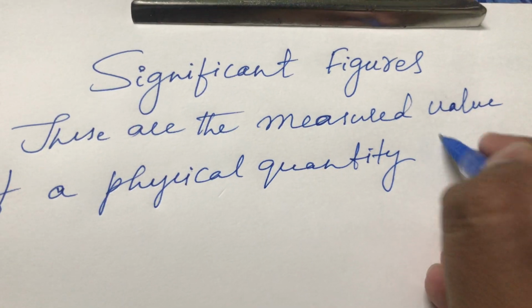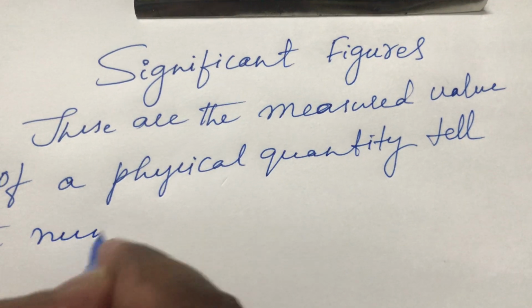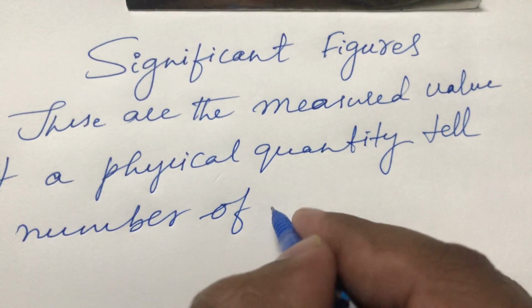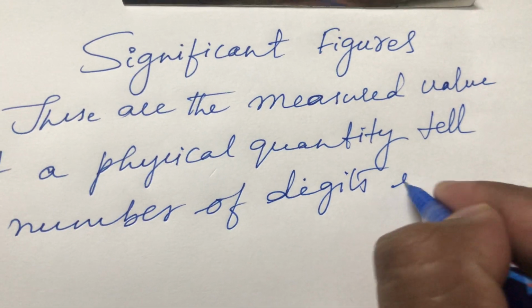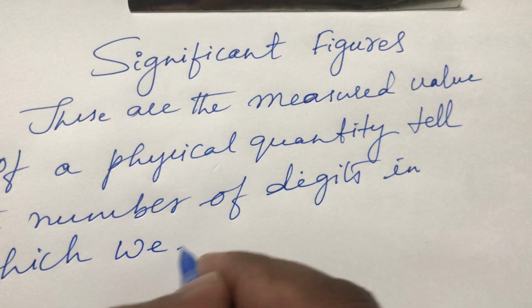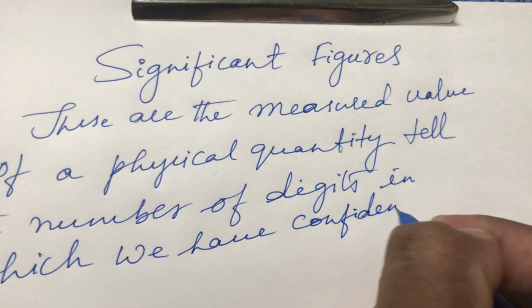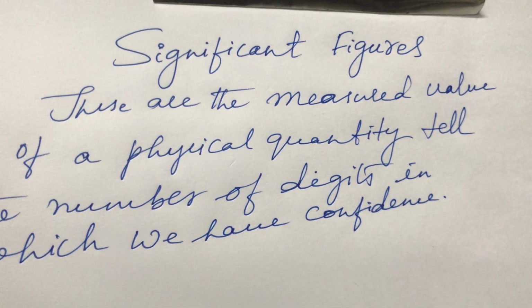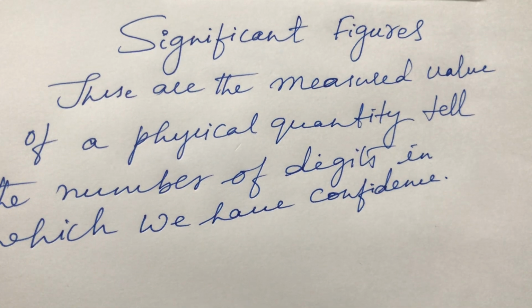They tell the number of digits in which we have confidence, either it is a smaller number or a bigger number. We have to pick the confident one.